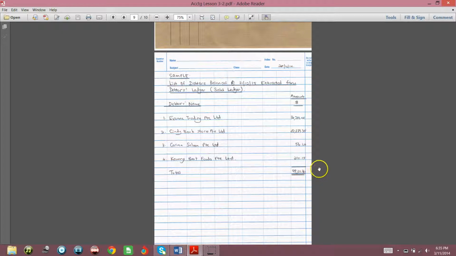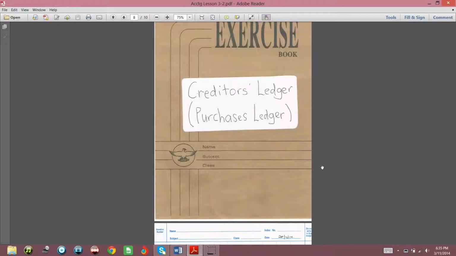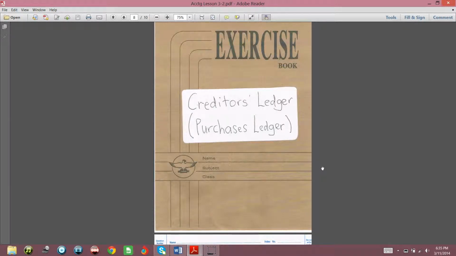and similarly, you will have all the suppliers calling us to chase us for payment. And then also sometimes they may have made a mistake on their side, that because the goods were returned, or the goods were not delivered, or the goods were paid, but they claim that we have not paid.